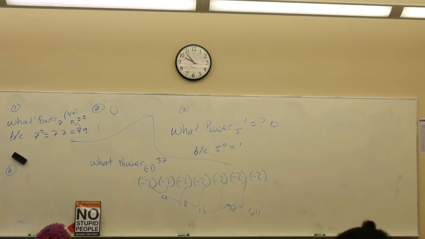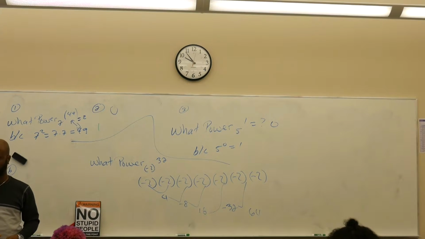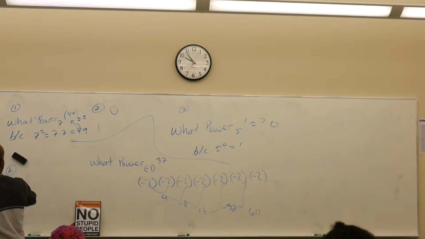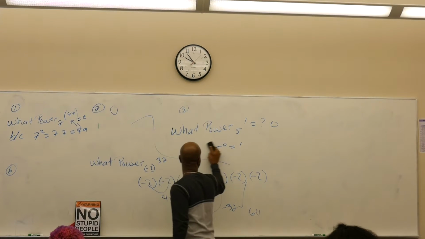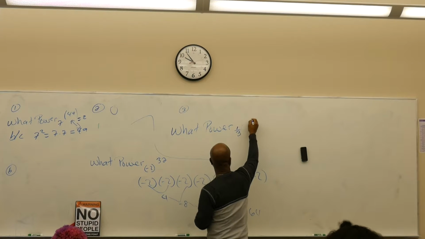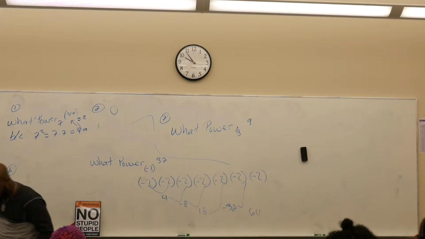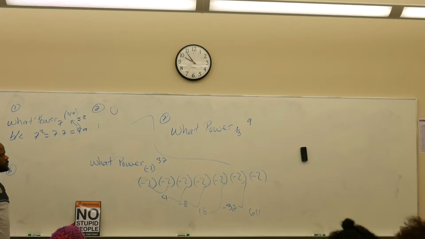Again, if you look at number 7, it's just what power of 1/3 gives me 9? Gotta be careful with it. What power of 1/3 gives me 9? They're both positive, right? And the answer is -2. Why?